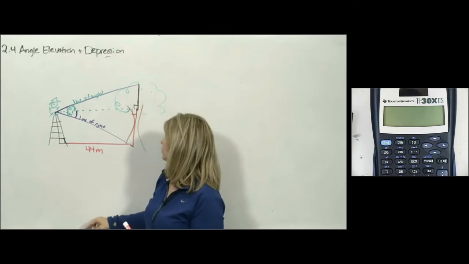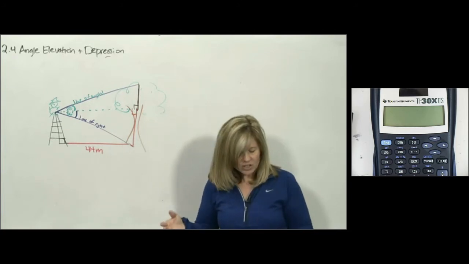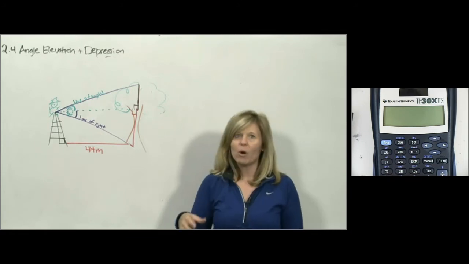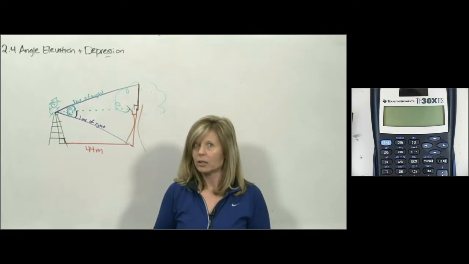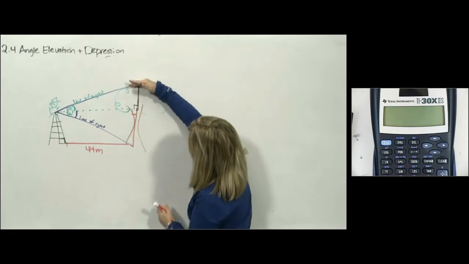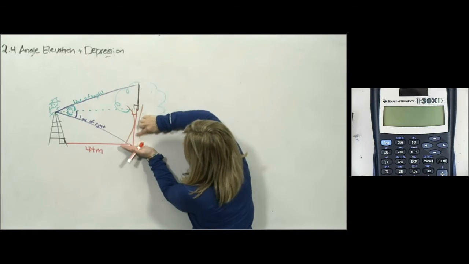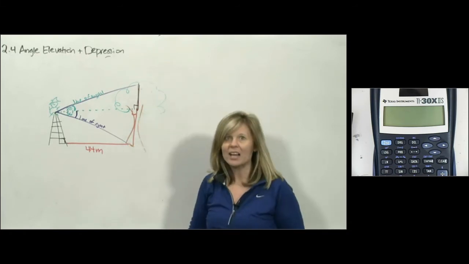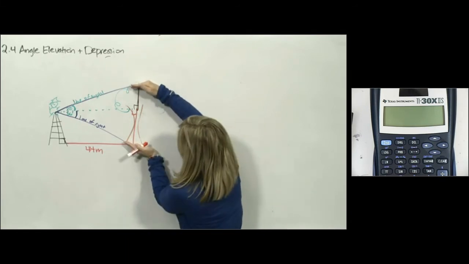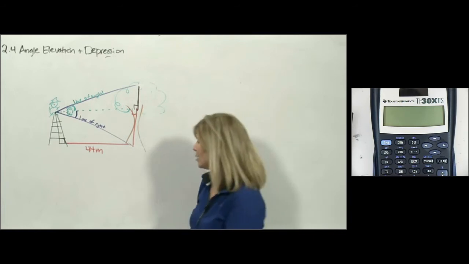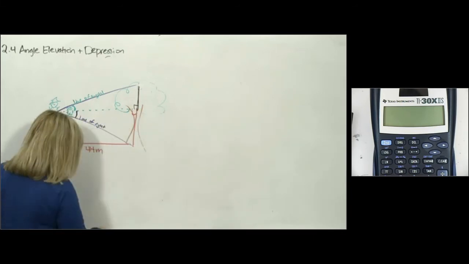Okay? All right. Now the question is, how tall is the tree to the nearest meter? Well, the first thing I want y'all to notice is if you look good at the tree, look very closely. The height of the tree goes from here to here. This line segment, that side of that tree length is not in just one triangle. Now I know what you're going to say. You're going to say, yes, Miss Black, it is.